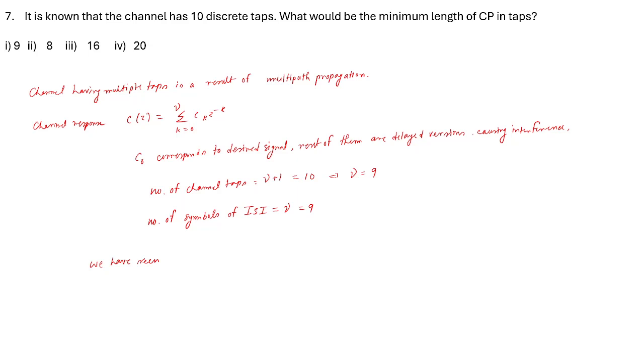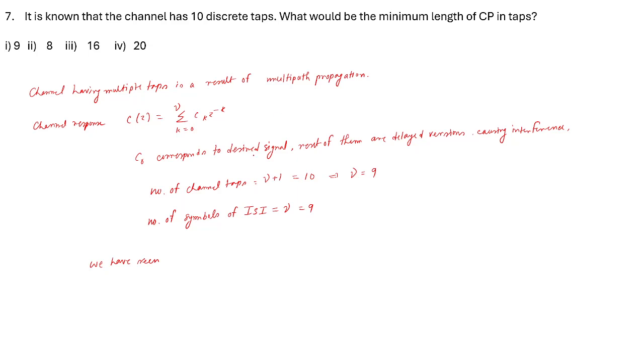You use the last few symbols from one block as the first elements of the next block, so that the inter-block interference is mitigated.